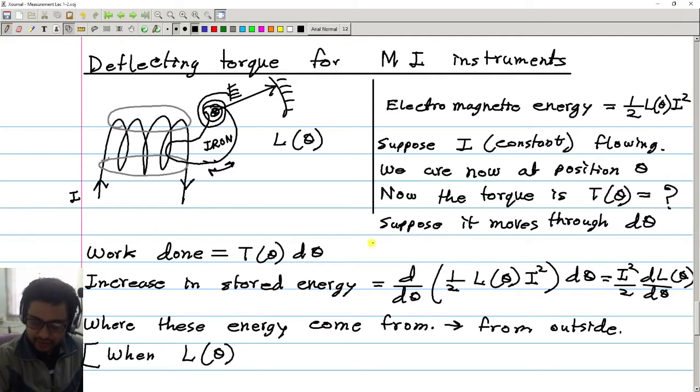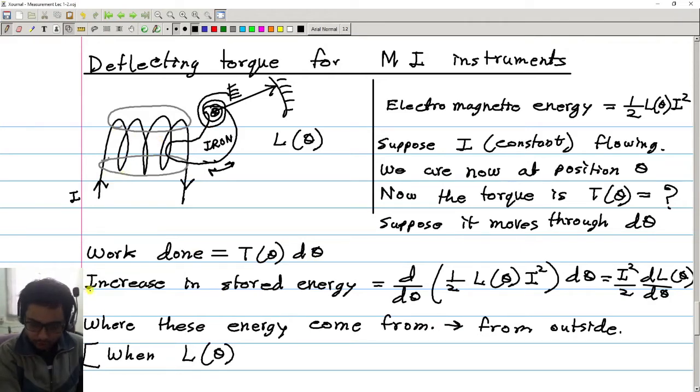To find that, let us assume that this iron piece is moved by a small angle d theta due to the attraction of this coil, of this electromagnet. During this motion, the work done is torque multiplied by angular displacement. This is the amount of work done by this coil.